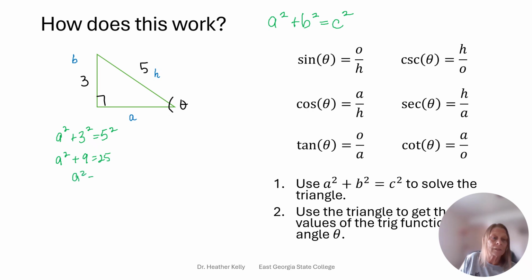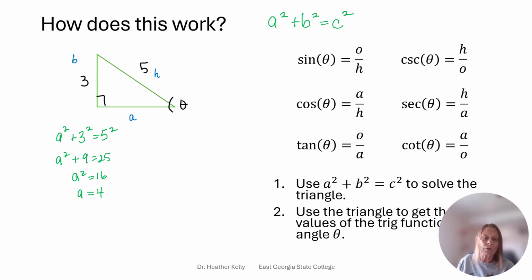A squared is equal to 16, so A is equal to 4. Now, we're not really going to consider the negative here because we're dealing with measure, okay? And measure is never negative, okay? So we don't want to consider that negative for an answer. We only consider the positive.